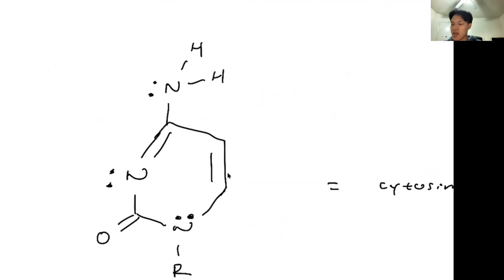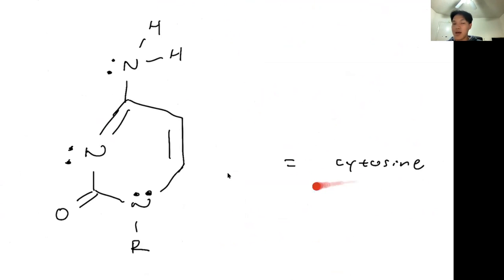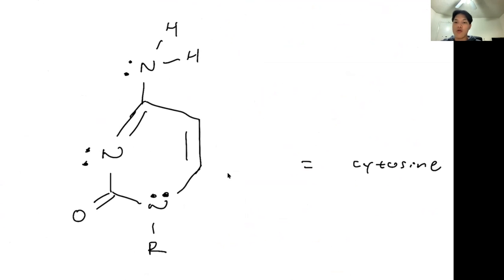So now let's take a look at this. This is called cytosine. It's one of your bases that you may come across in Chem 114A or B. So let's see if this molecule is aromatic. Okay. So first we can count these two because I think these are the easiest to count, right? This one and this one. Okay.